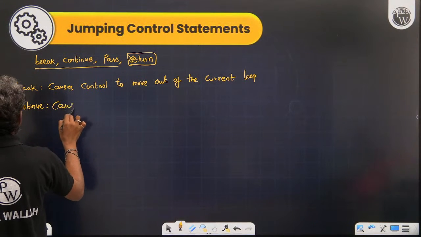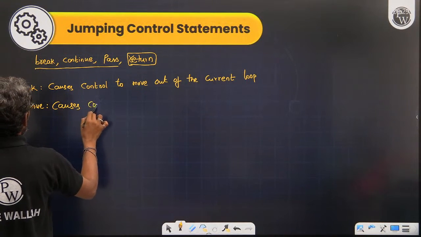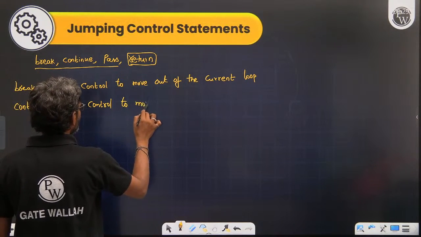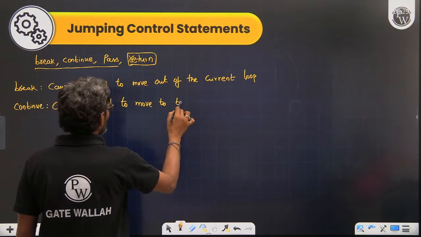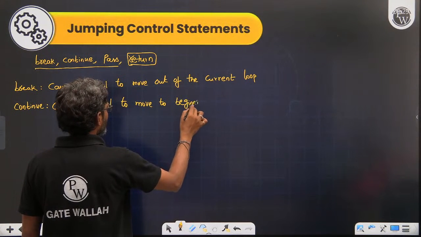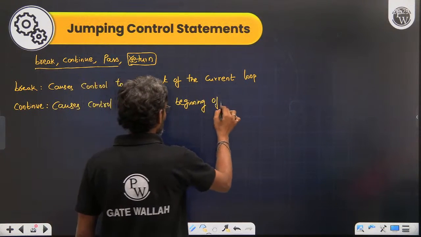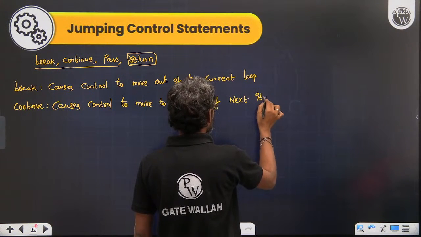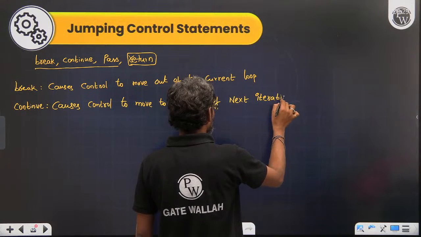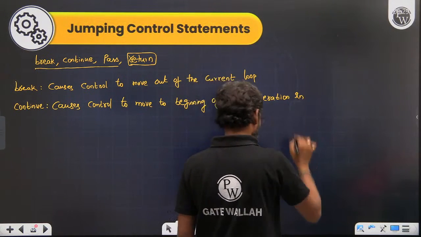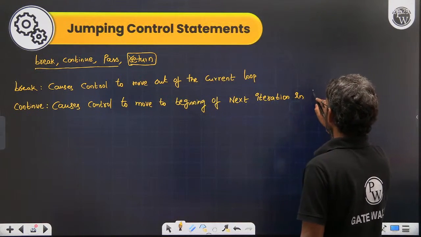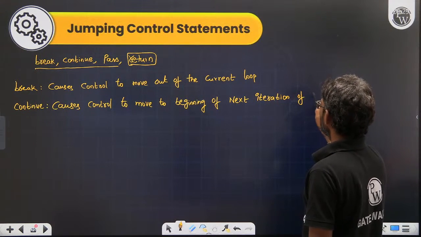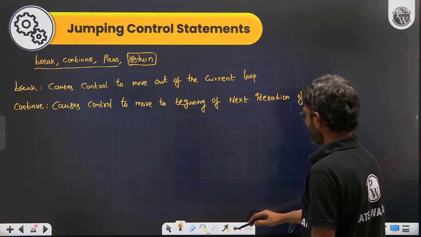It causes the control to move to the beginning of the next iteration of the respective loop.